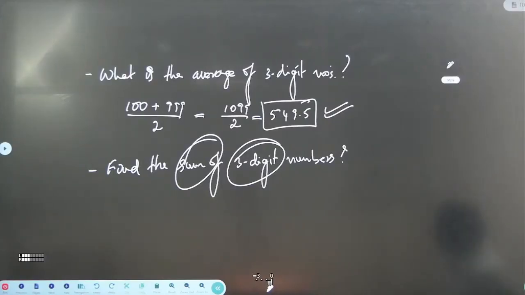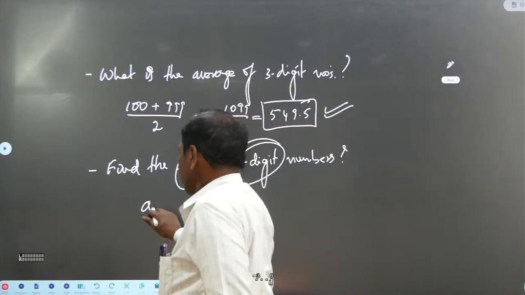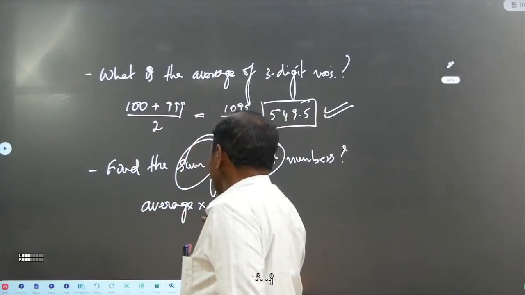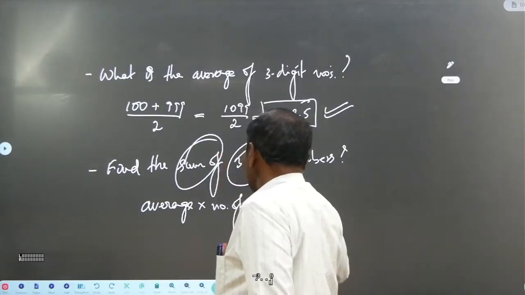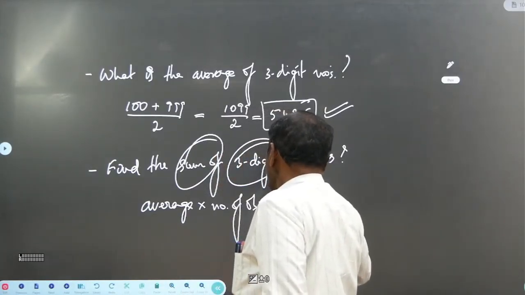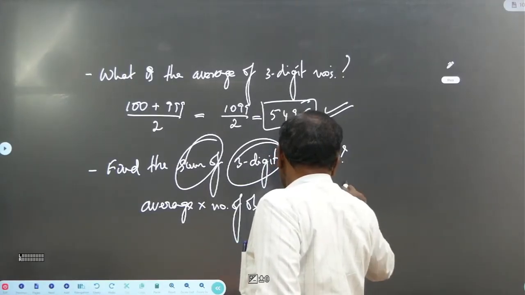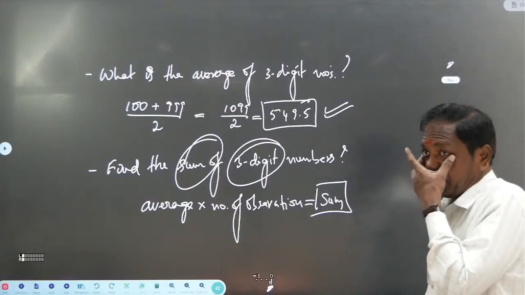That is average multiplied by number of observations. Average multiplied by number of observations is equal to the sum. Right. Yes, did you get the answer?